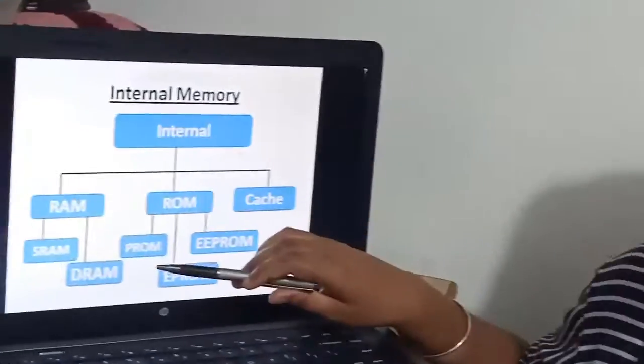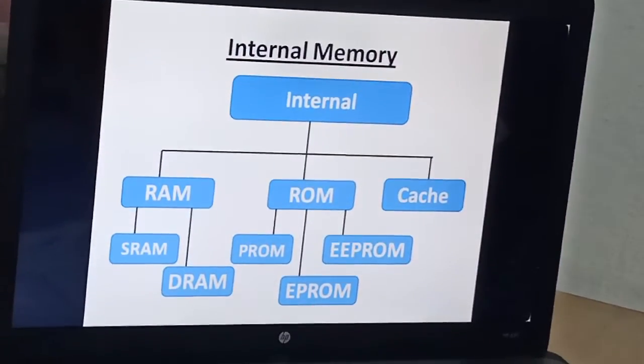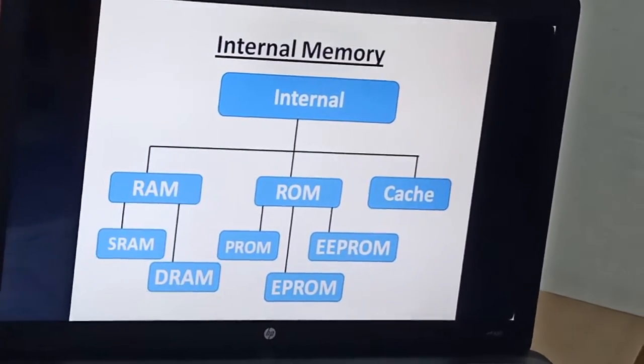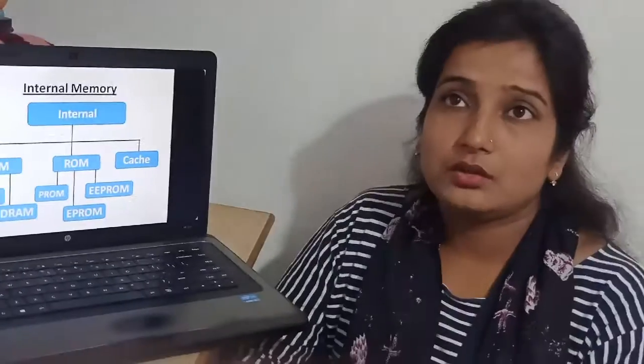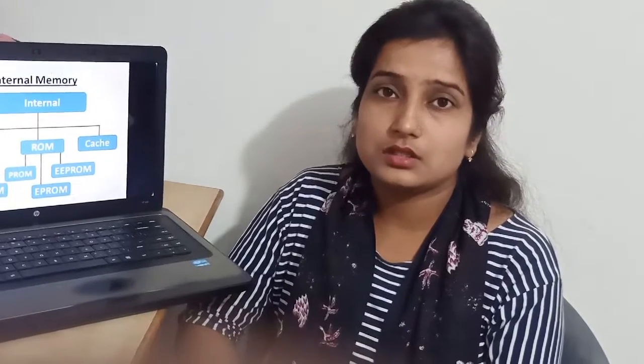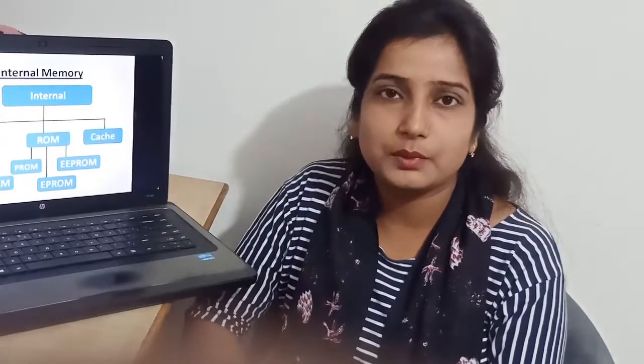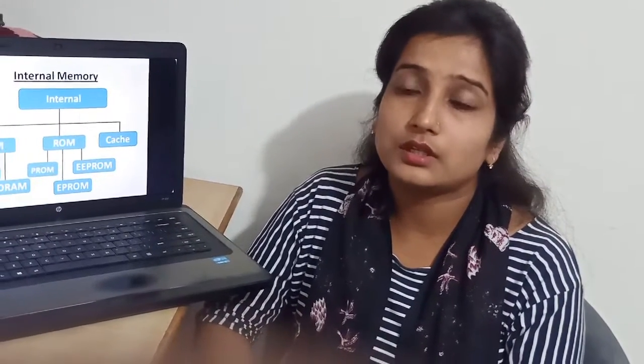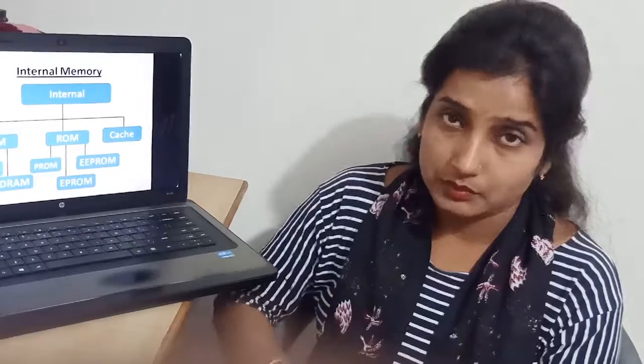So the first one is PROM. PROM is a kind of memory which was programmed by the manufacturer, but there was a disadvantage, or a demerit, of PROM: the user or the manufacturer cannot remove those instructions or reprogram that memory.